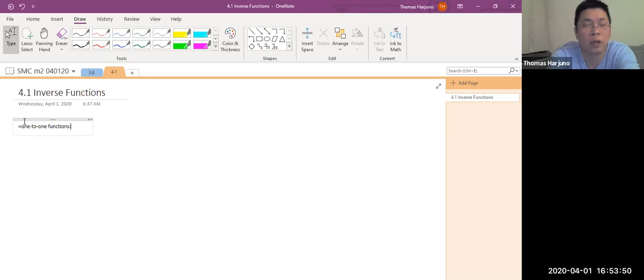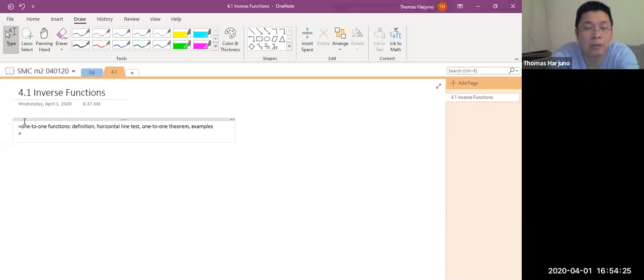And of course, from there, we will talk about the definitions, what is a one-to-one function, and the horizontal line test. One-to-one theorem. And of course, some examples.